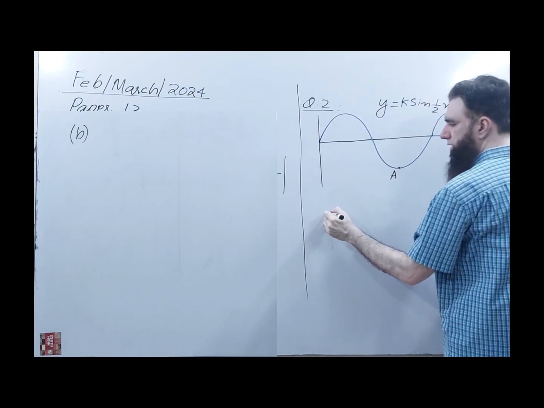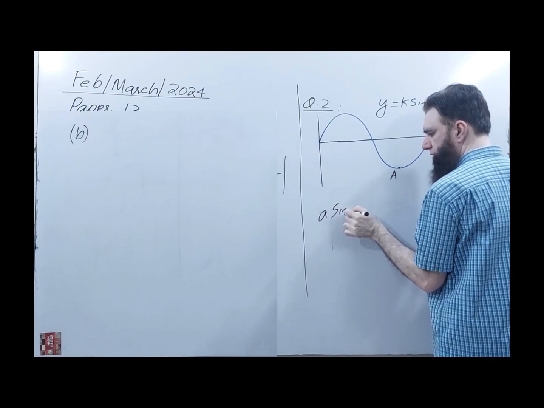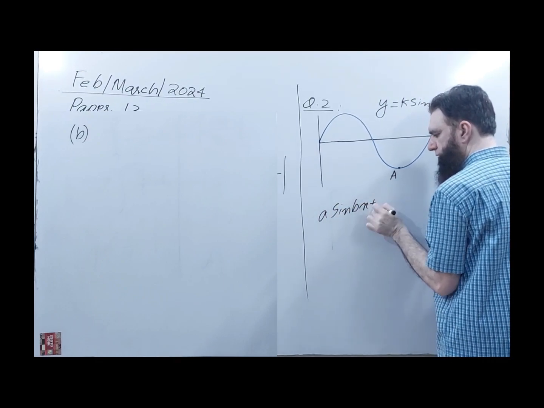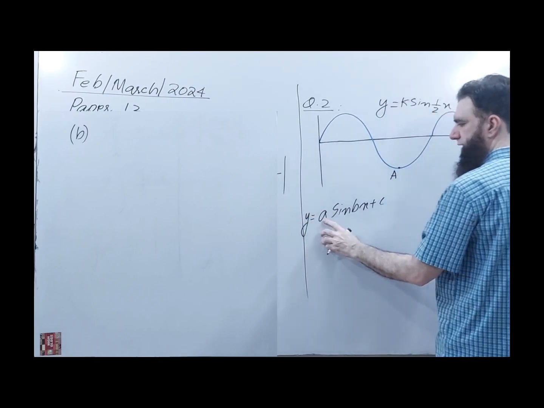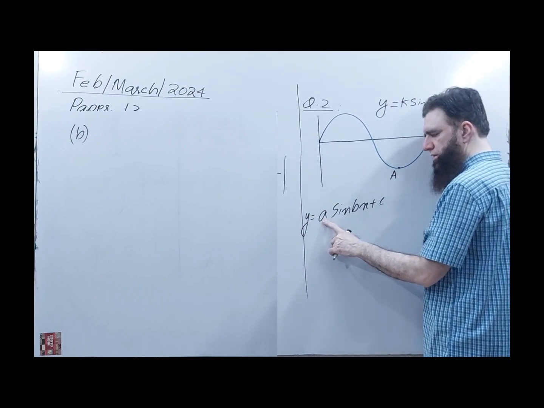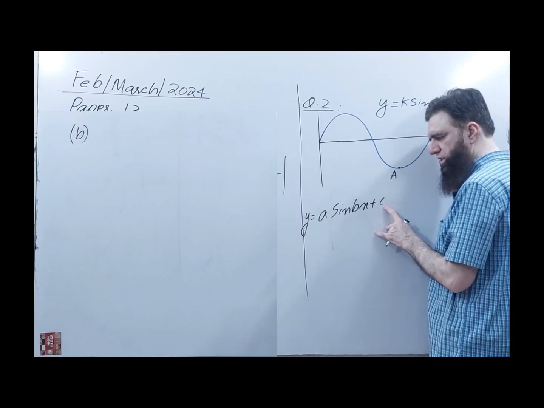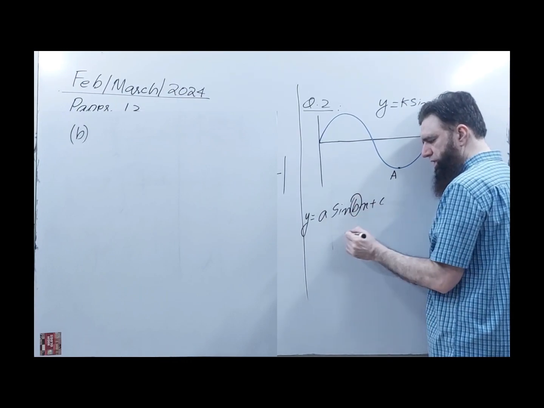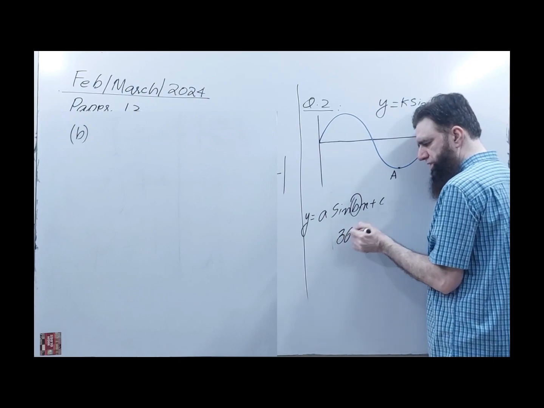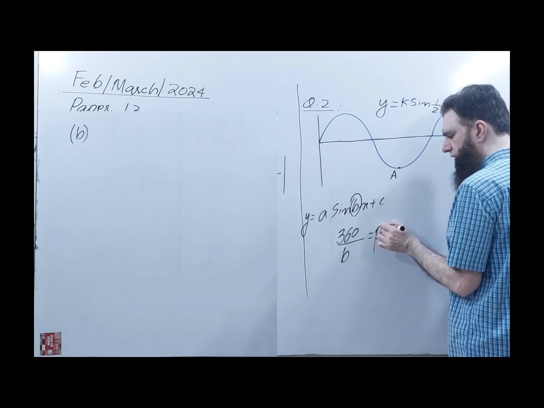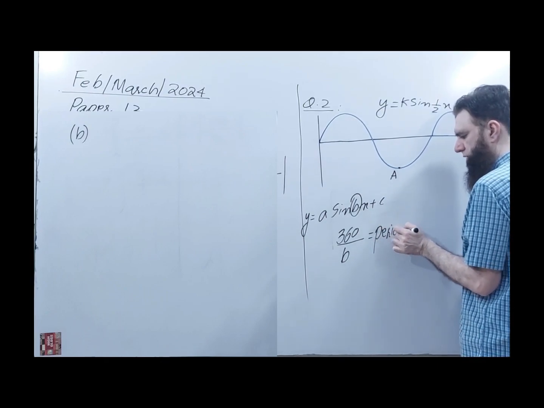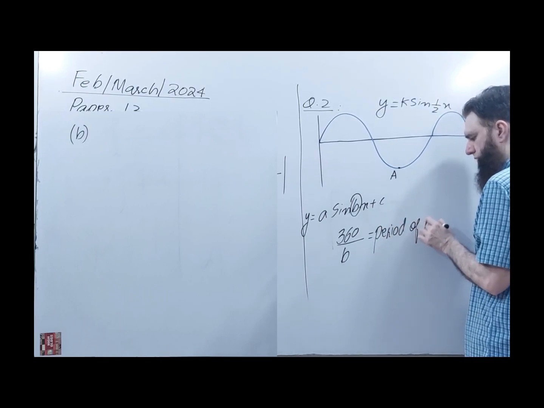If I remind you, in A sine bx plus c, you know from your earlier knowledge of trigonometry that A shows the amplitude of the curve, C is the axis of the curve, and with B, the normal period 360 divided by B gives you the period of the given particular curve.